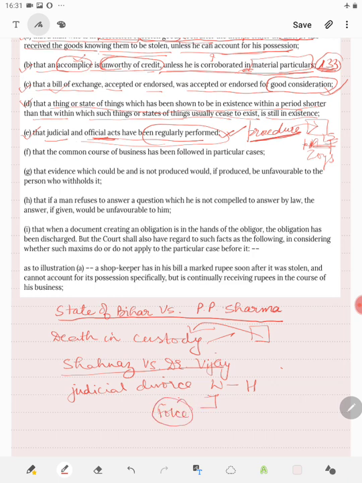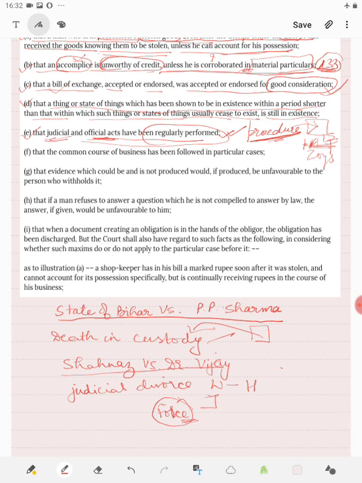So now the presumption will be raised that no, it cannot happen, because the procedure adopted by the court was regularly performed. So the wife cannot be allowed to take this plea. However, it is rebuttable in nature.